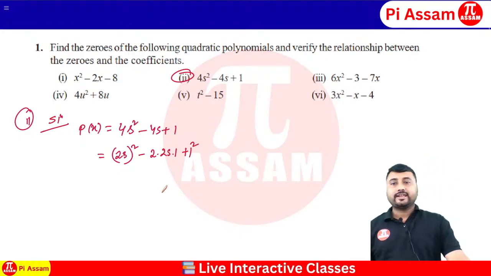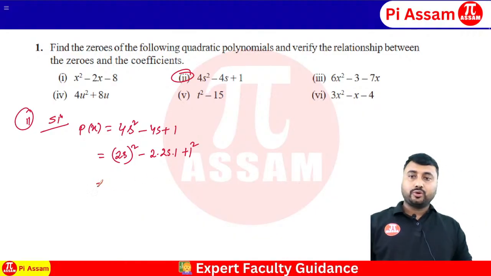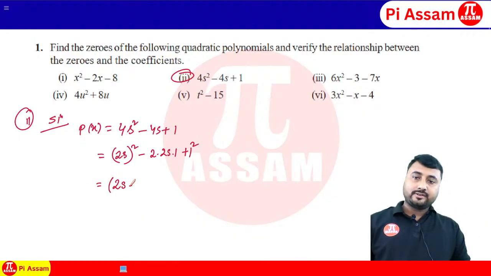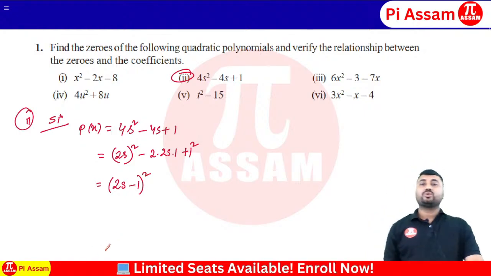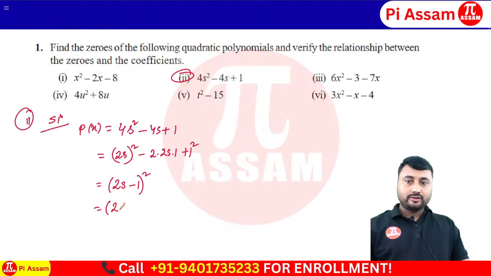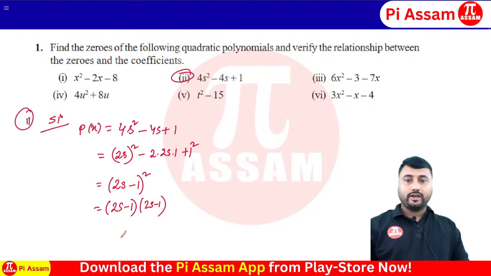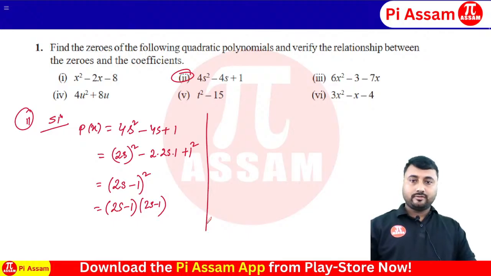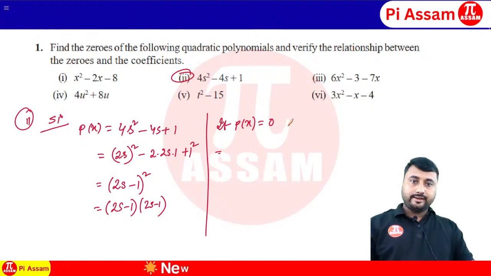That means a square minus twice ab plus b square, which is equal to 2s minus 1 whole square, since a minus b whole square equals a square minus twice ab plus b square. So you can write 2s minus 1 whole into 2s minus 1. So if p(x) equal to 0, that means the zero of this polynomial, then what can we write?